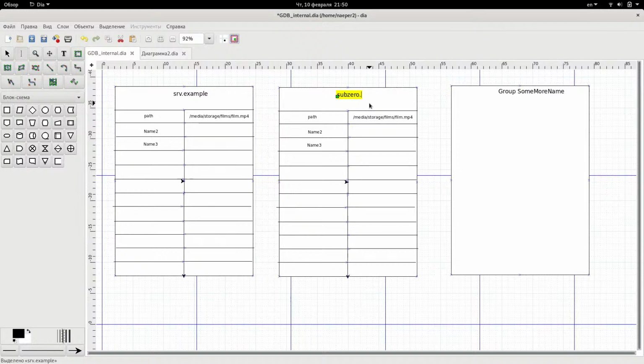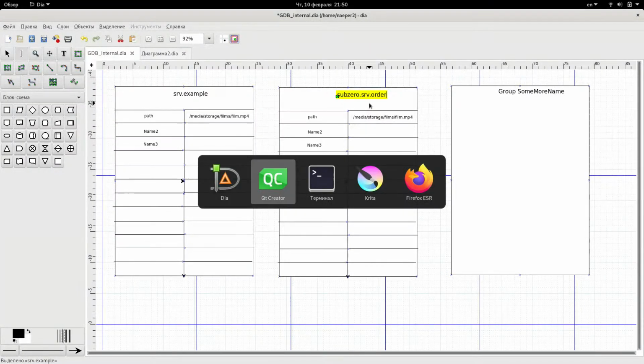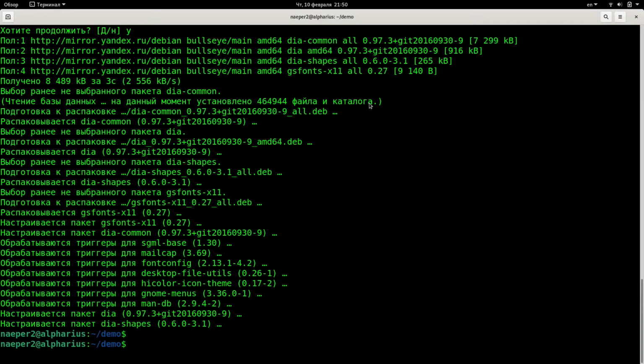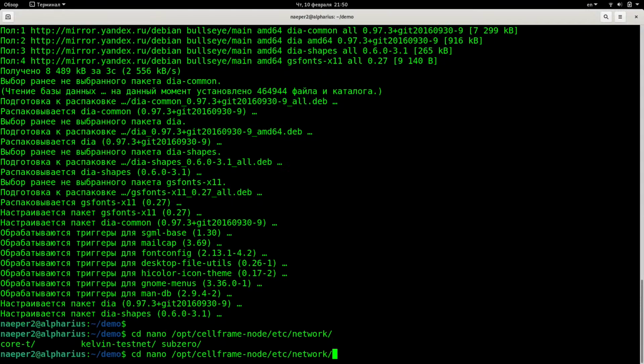One note: all GDB groups related to a chain network have a prefix with its name. So sub-zero, SRV order. I'm not sure how it looks. I think we should see. And I remember where it could be seen on Cellframe. It's seen under network sub-zero.